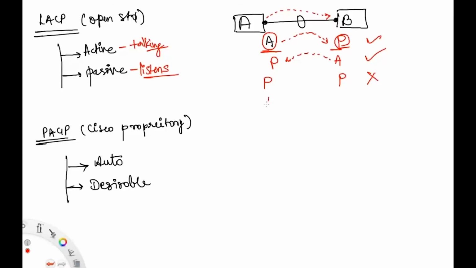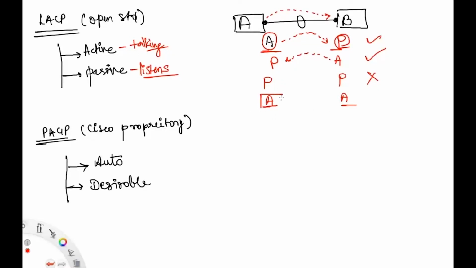All right. Now, what happens if I have configured both the ports as active mode? Active means the one who initiates. Here both of them can initiate this particular conversation. So, who is the first one to initiate that negotiation? This scenario is called the LACP active-active scenario.